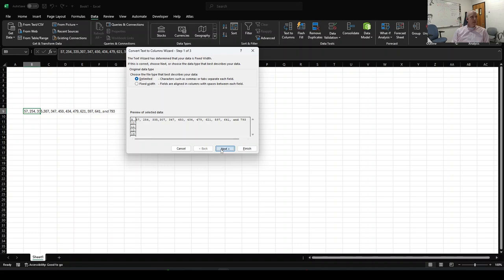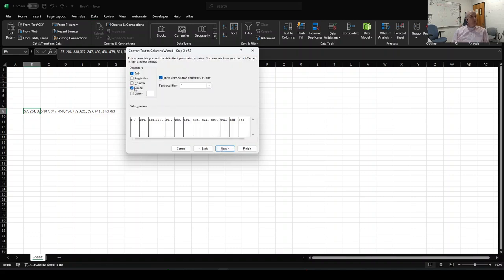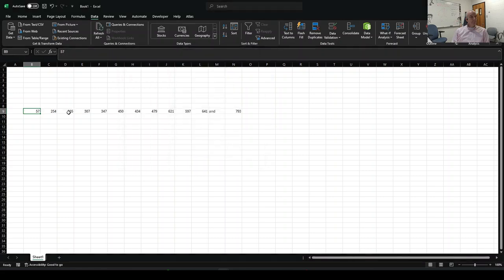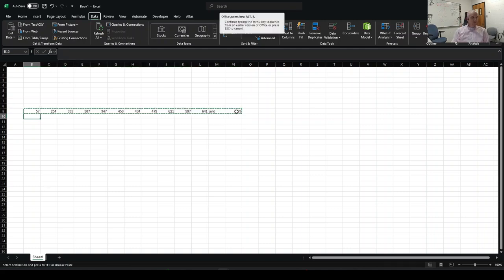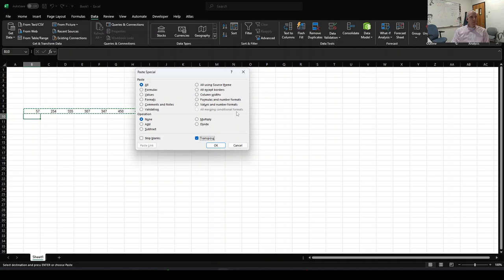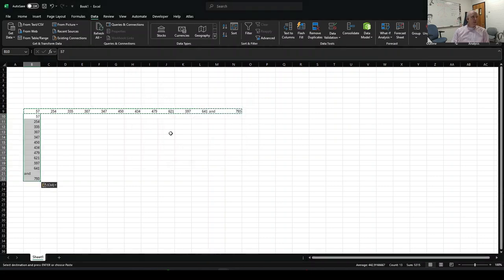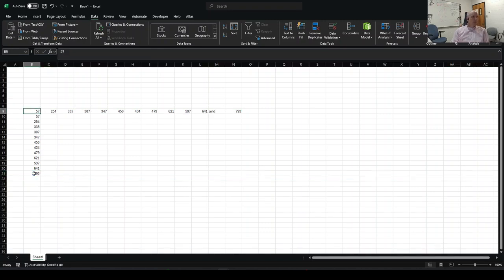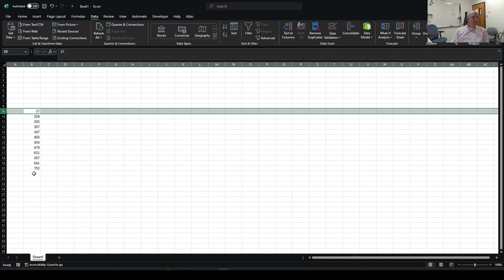Let's see if we can just make this work here. Not bad. Let me come down here and transpose it, and take this row out, and take this row out.